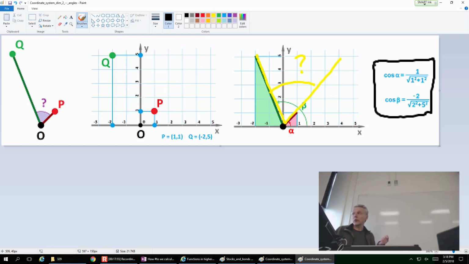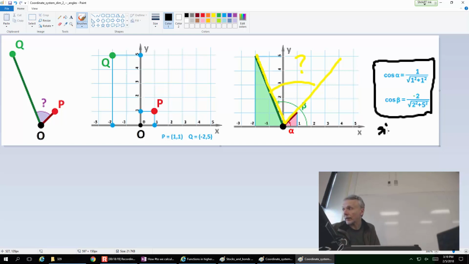So it's pretty much the definition of cosine, except that I allow y to be negative. So then you can see the plan is I can find the cosines.